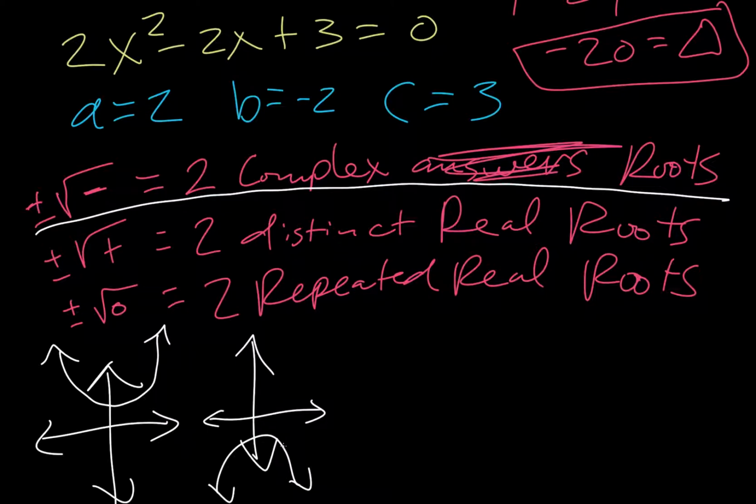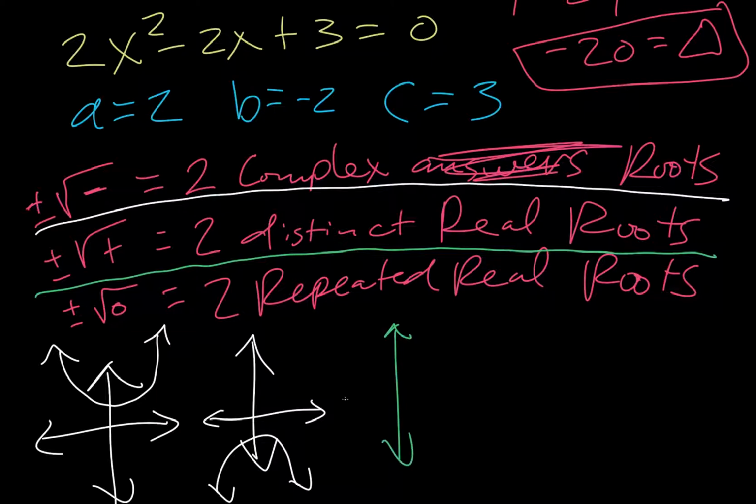We'll get a parabola that does not cross the x-axis. Now if we have this situation, this is probably what you're most used to. You're just going to have a parabola that crosses the x-axis at 2 different spots. It could be right side up or upside down, doesn't matter.